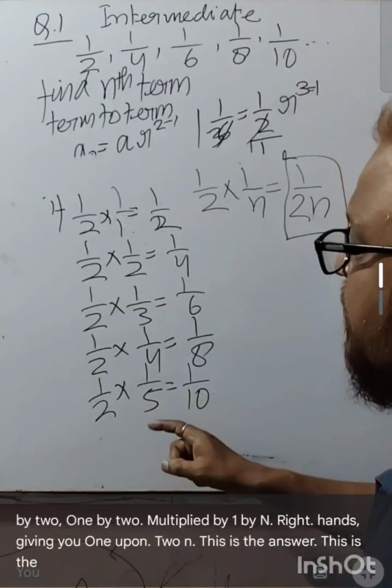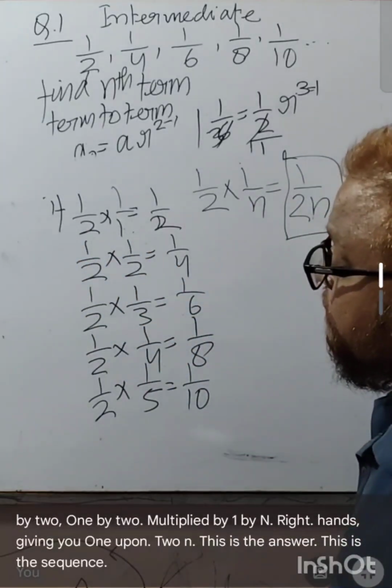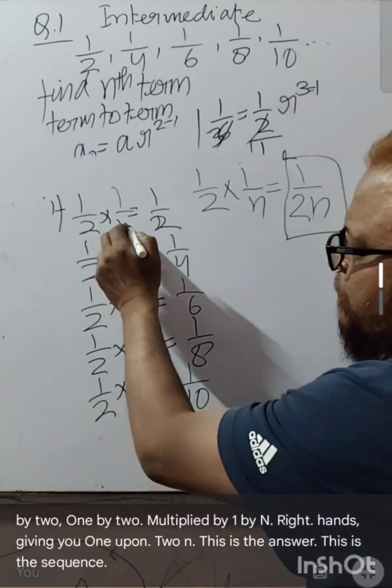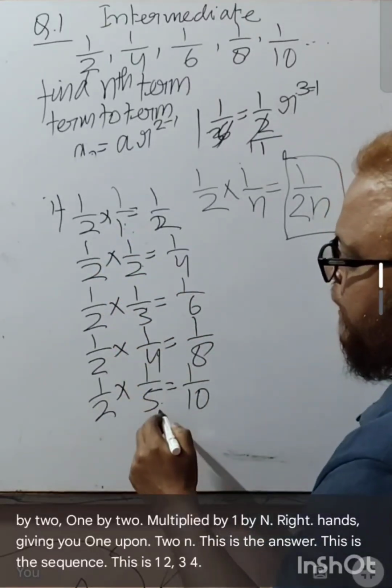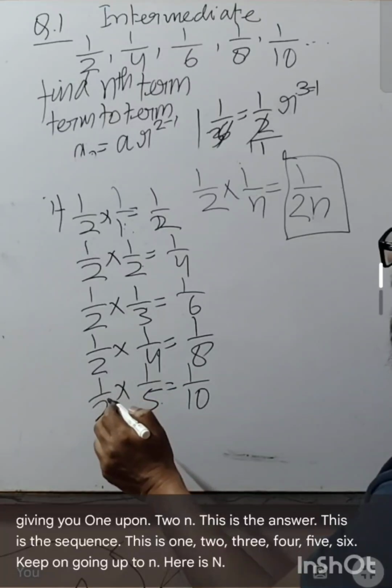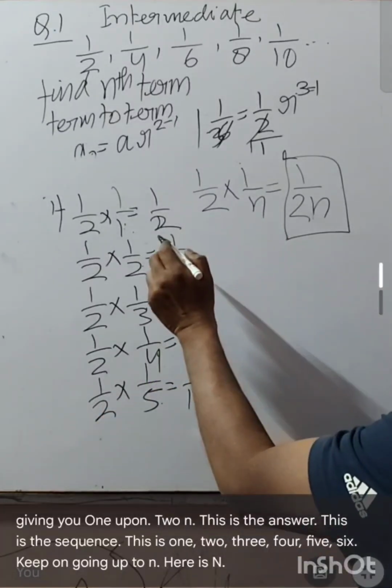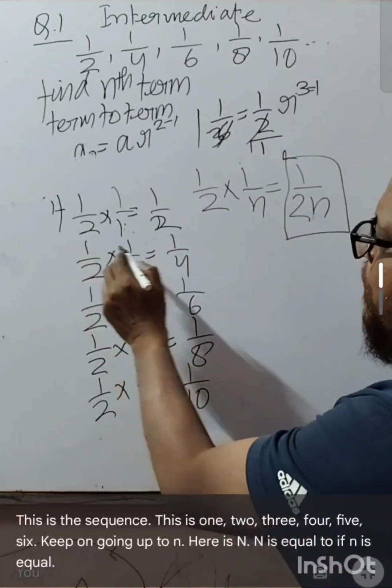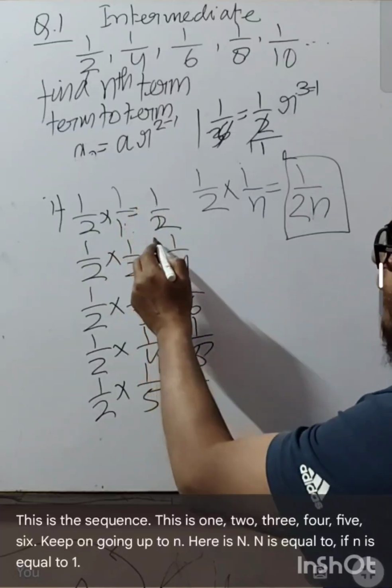This is the sequence. This is 1, 2, 3, 4, 5, 6, keep on going up to n. Here is n. If n is equal to 1, then we get 1 by 2.